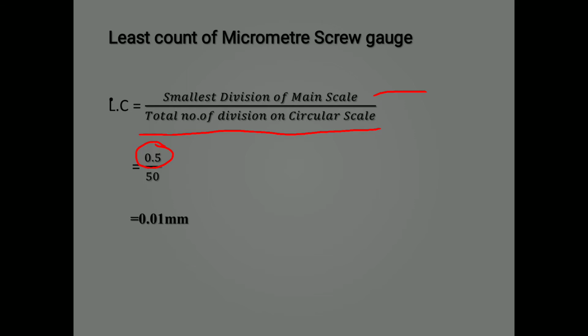So in the next diagram we are going to discuss what is meant by the smallest division on the main scale and the total number of divisions on the circular scale. Earlier, when we calculated the least count of a vernier caliper, the smallest division was 1 mm and the total number of divisions on the vernier scale was 50. By the same formula we are going to calculate the least count of a micrometer.